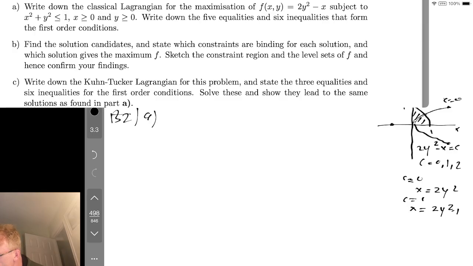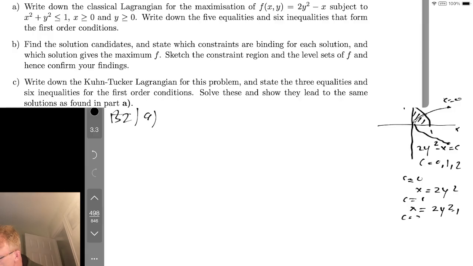And here, y is 0 gives us x is minus 1. X is 0 gives us y is 1. Y is 1 gives us x is 1. Y is minus 1 gives us x is 1.